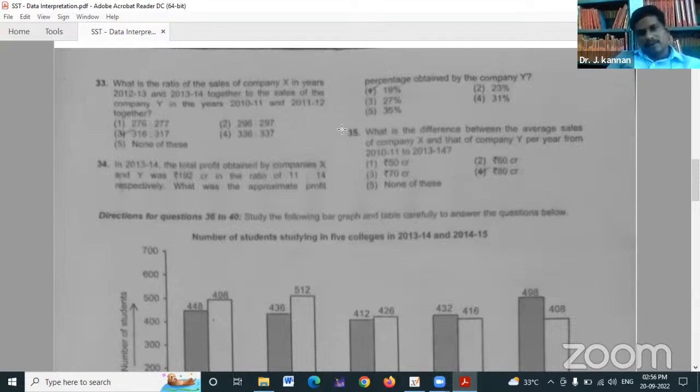First of all, in year 2013 to 14, the total profit obtained by company X and Y was 192 crore, in the ratio 11 is to 14. So now we find the sales of Y in year 13 to 14.